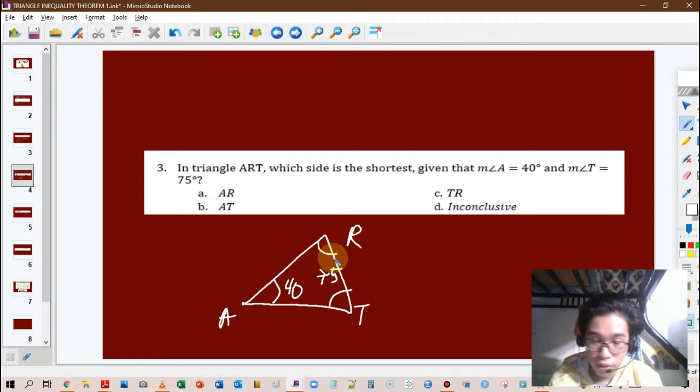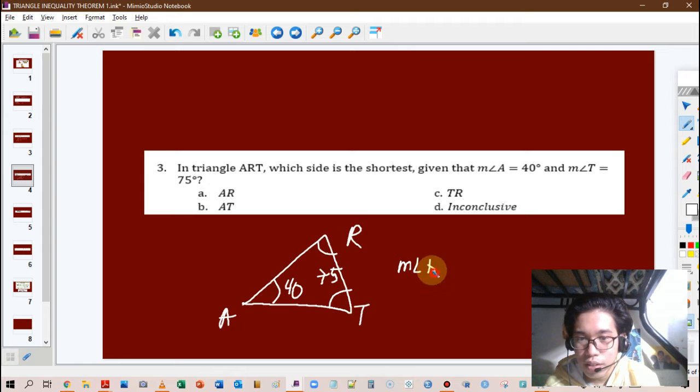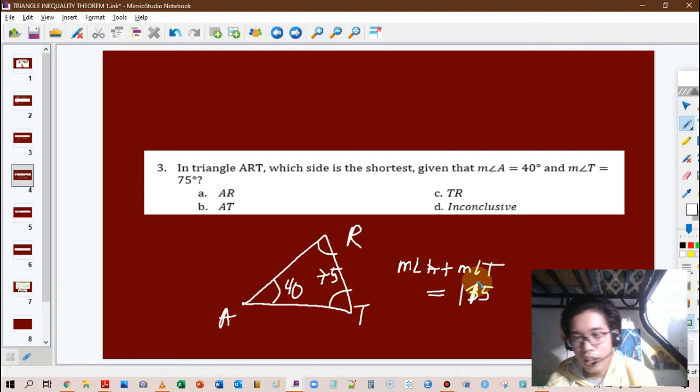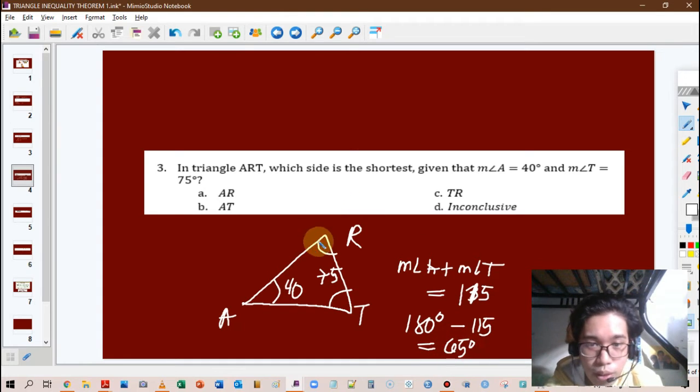How will we solve for the value of angle R? We simply add the measurement of angle A and the measurement of angle T. 40 plus 75 gives us 115. And 180 degrees minus 115 degrees should give us 65 degrees for the measurement of angle R.